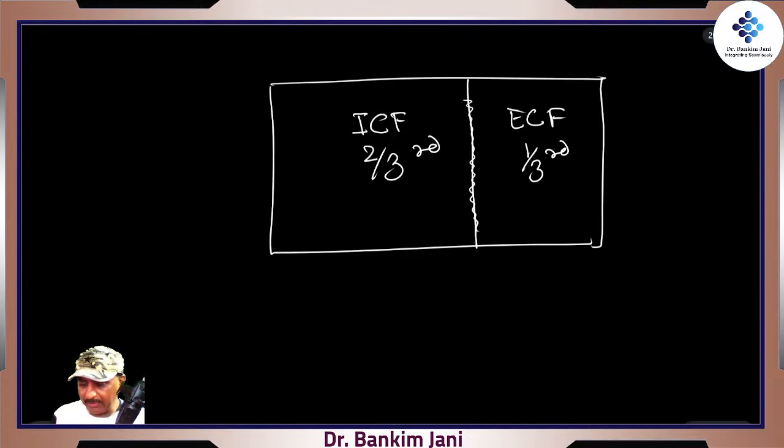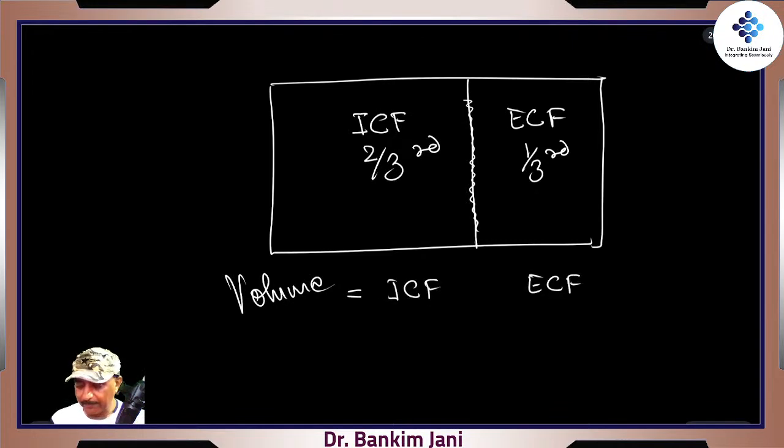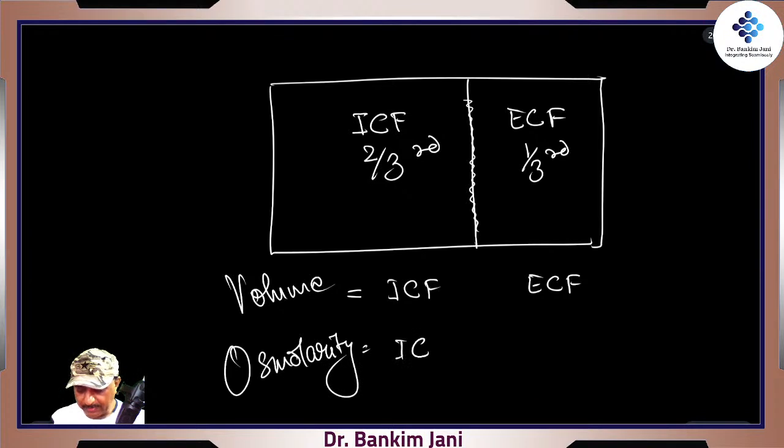And when we are drawing this, it indicates the volume. So we have got four things to consider: volume of ICF, volume of ECF, osmolarity of ICF, and osmolarity of ECF. Fair enough, right? This is what would happen.